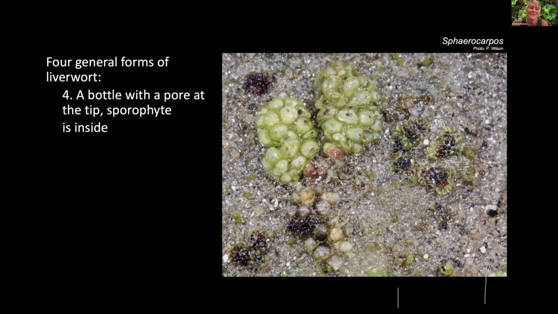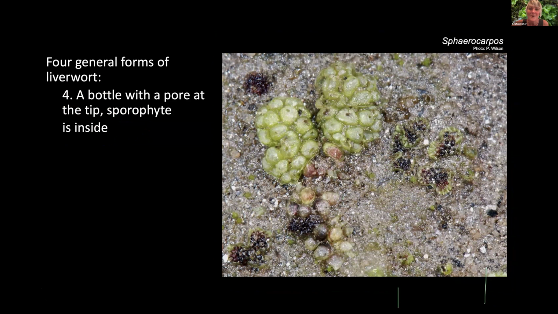And then the final, this is really not a group, but a single species. Maybe there's more than one thing in it, I'm actually not sure, but anyway, this is Sphaerocarpos, and these guys are shaped like a little urn. They almost look like tunicates to me, if you're familiar with marine inverts or little sponges.